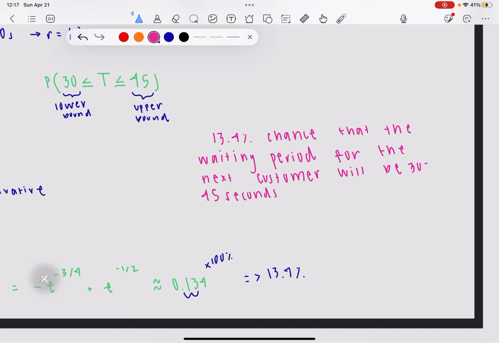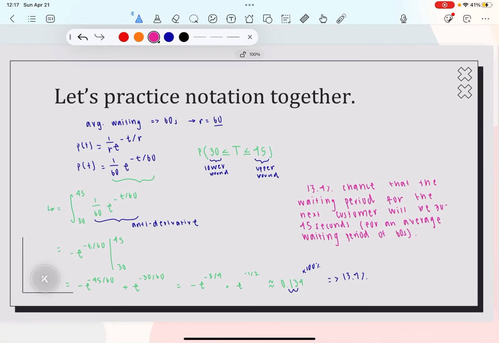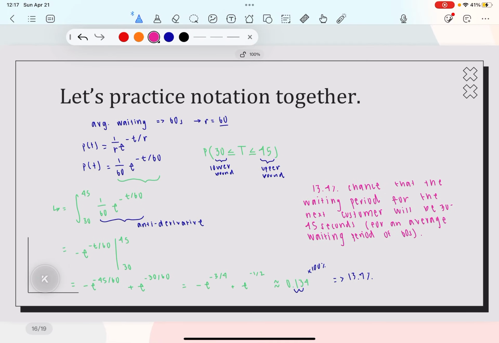And then I guess you could put in parentheses for average waiting period of 60 seconds. Okay, so that's kind of how we're going to write that from now on.